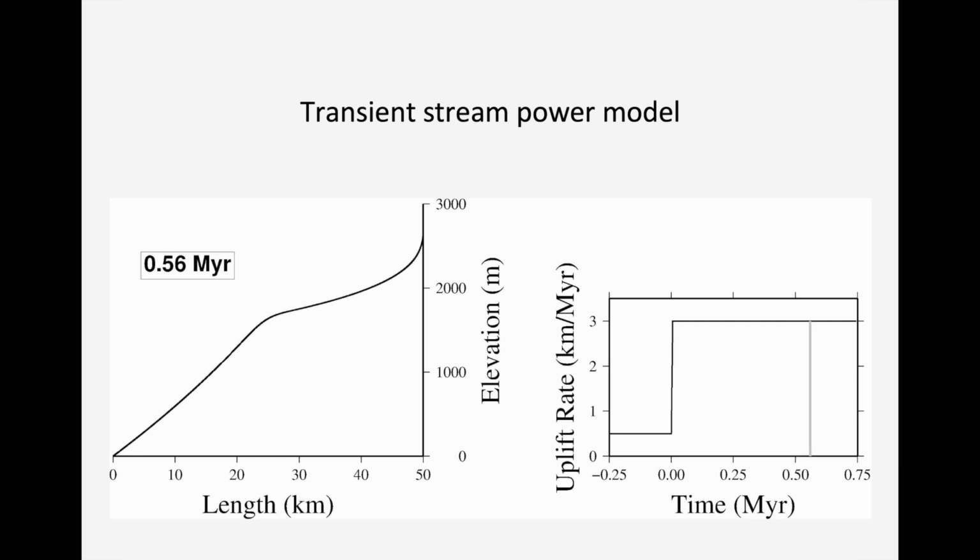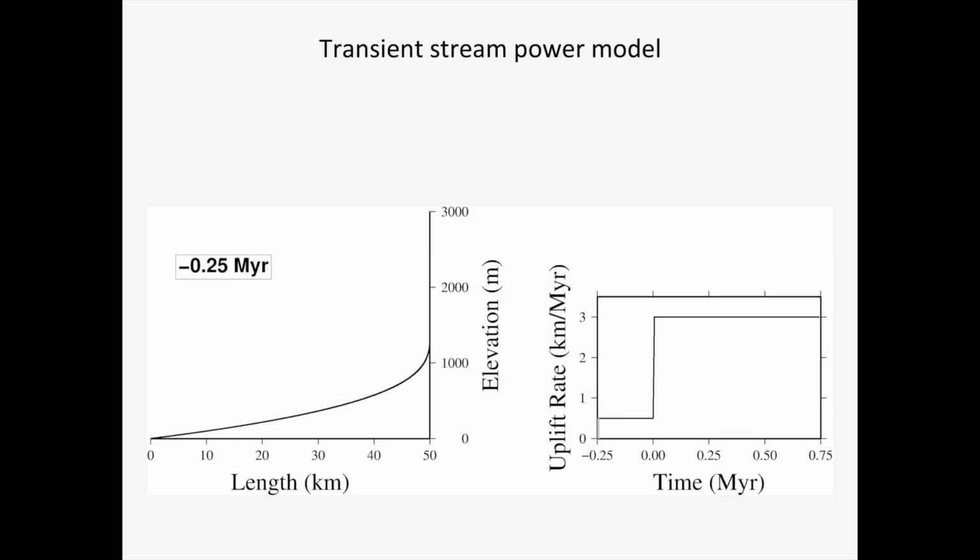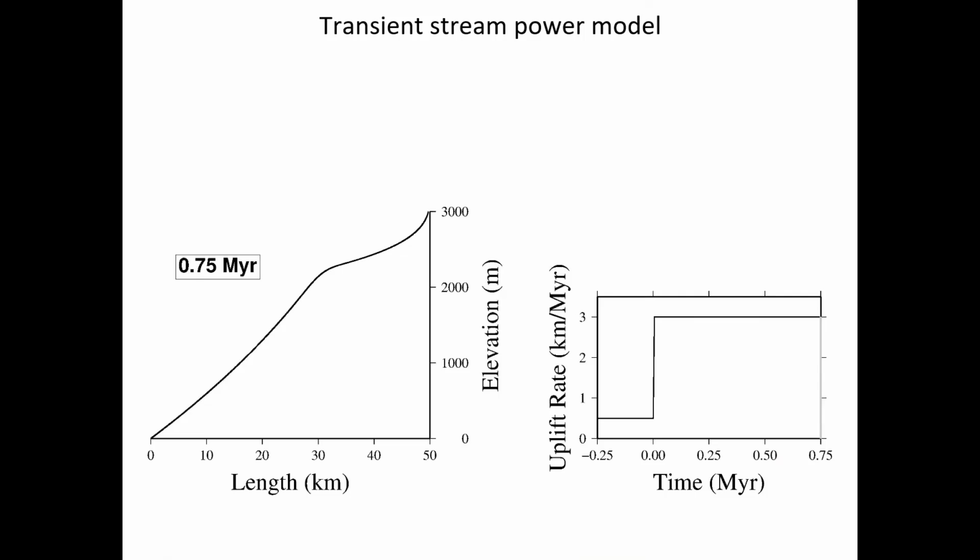We see this increase in the elevations at high elevations over time, but lower down the river basically stays at a constant elevation through time, just like in the watering can video. So this is a very simple model that simulates how landscapes evolve.